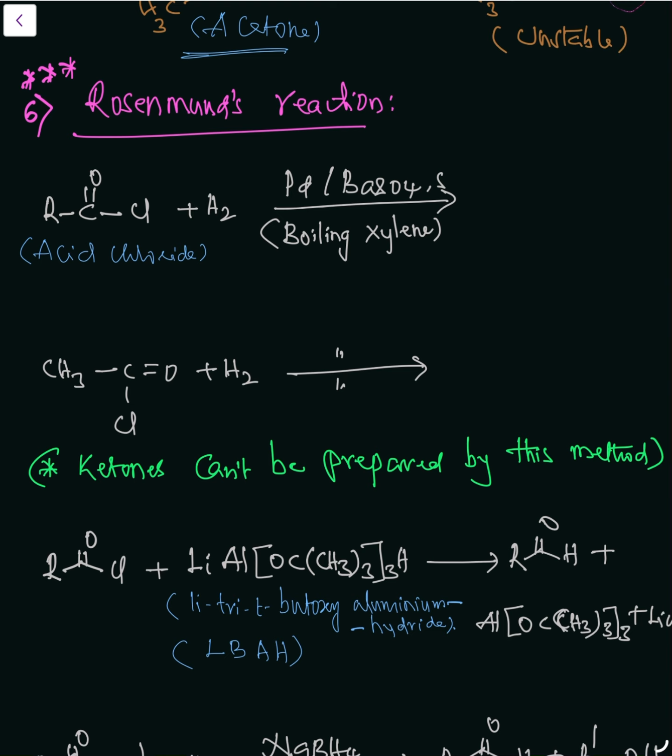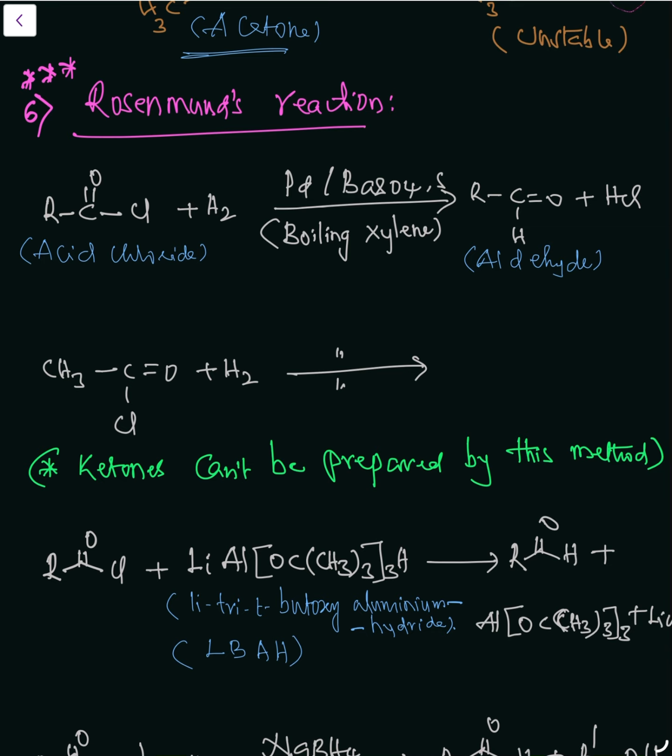Then the compounds formed are aldehydes, right? So generally aldehydes are prepared by this method, not ketones. RC double bond OH plus HCl. So this is aldehyde. Ketones cannot be prepared by this method.